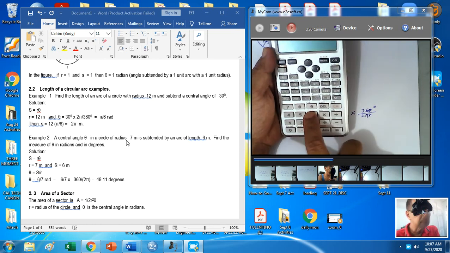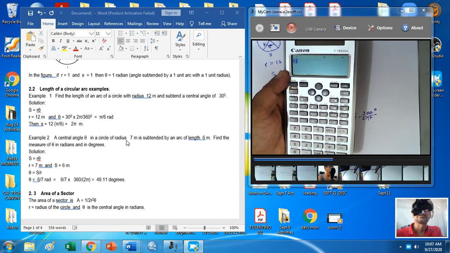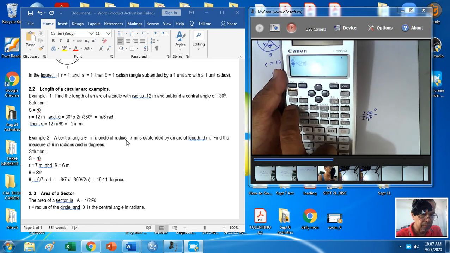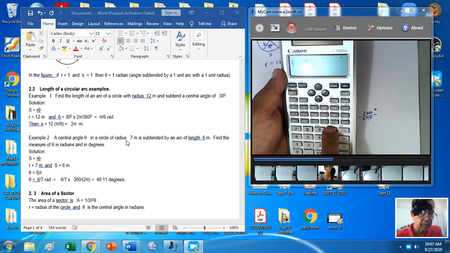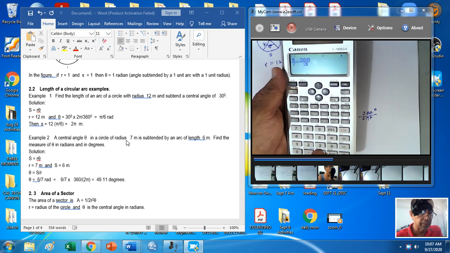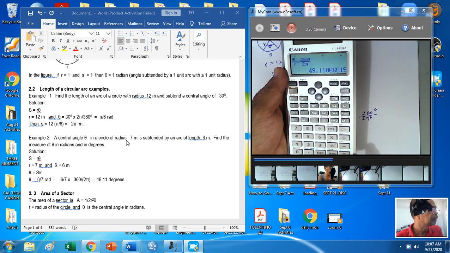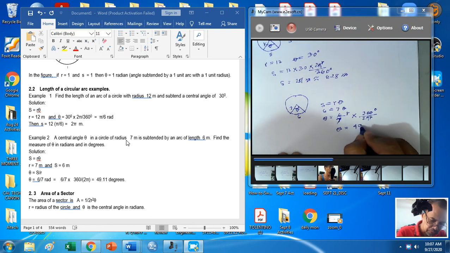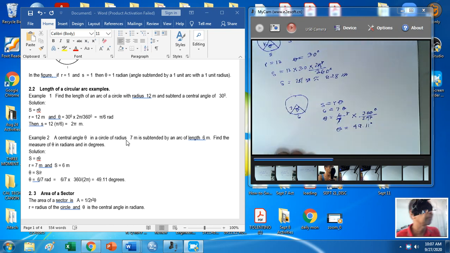That is 6 divided by 7 times 360 divided by 2 pi. Okay, so that's about 49.11 degrees.